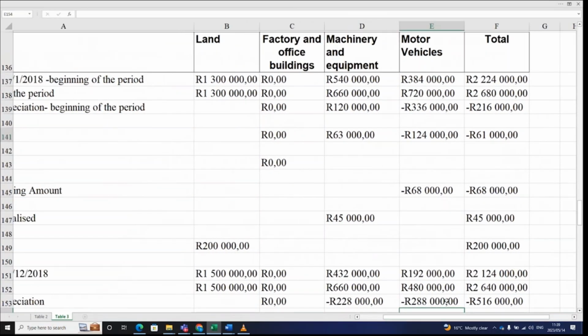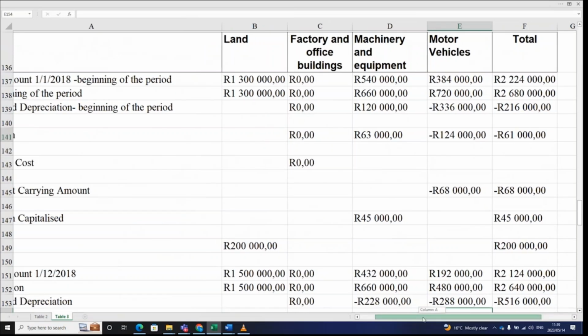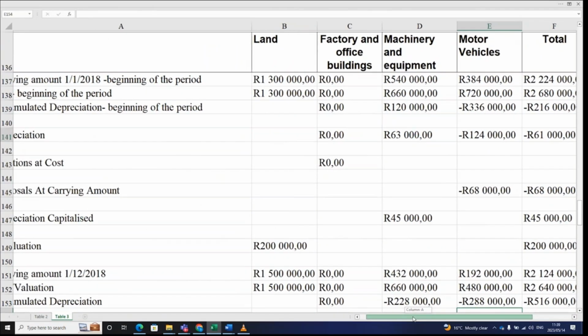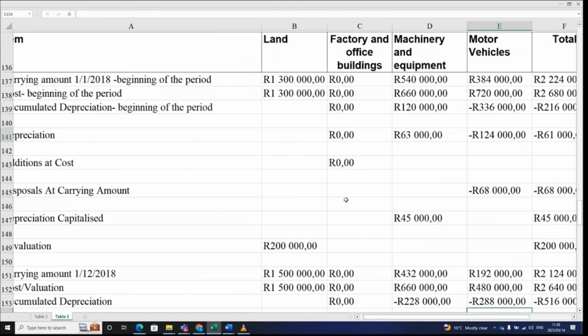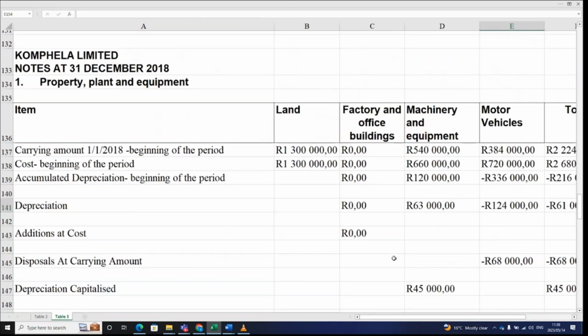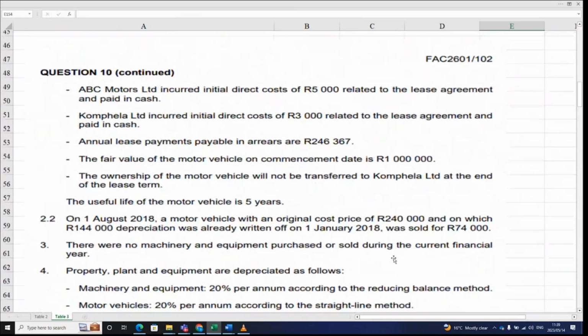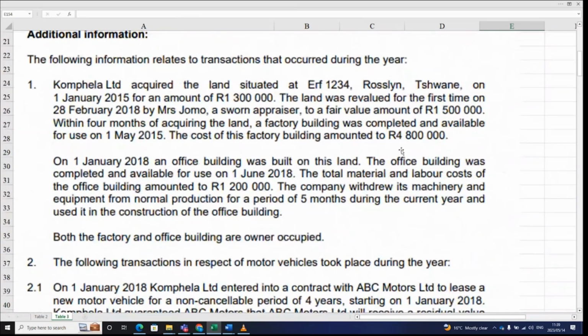So then we need to come through now and deal with the buildings. For the buildings, all they say is that the cost of this building is 4.8 million.